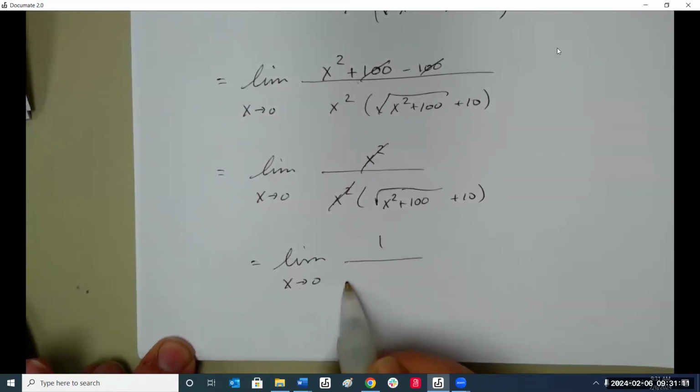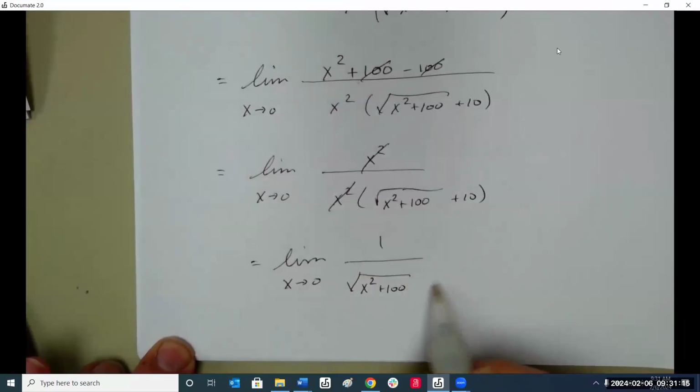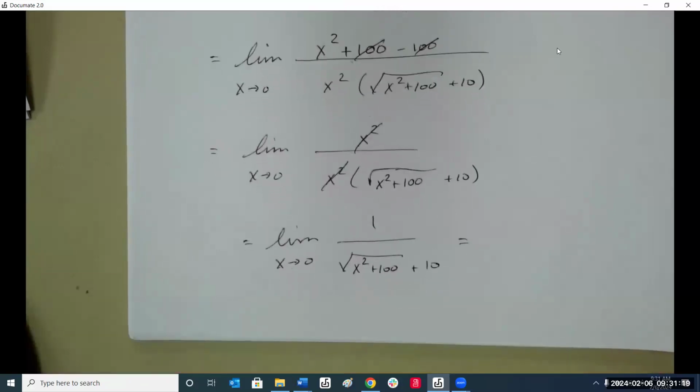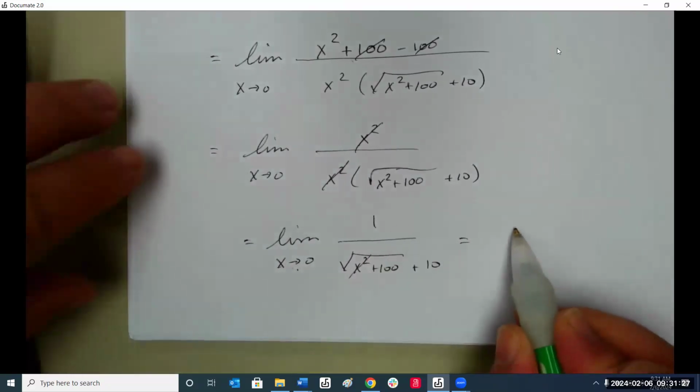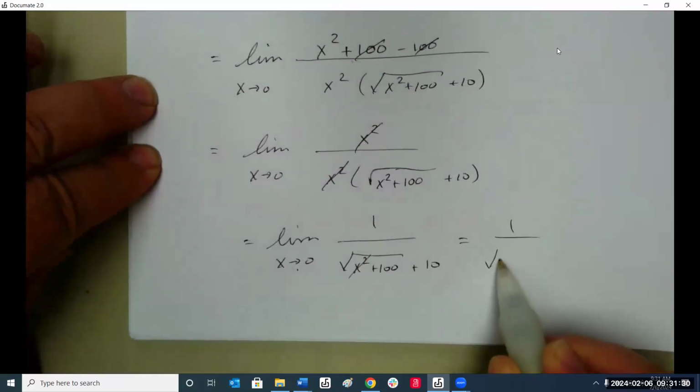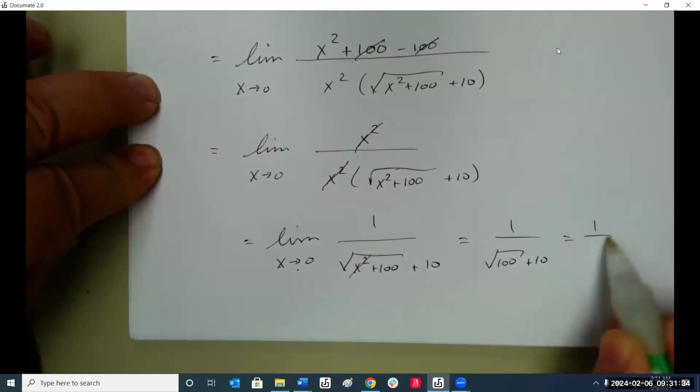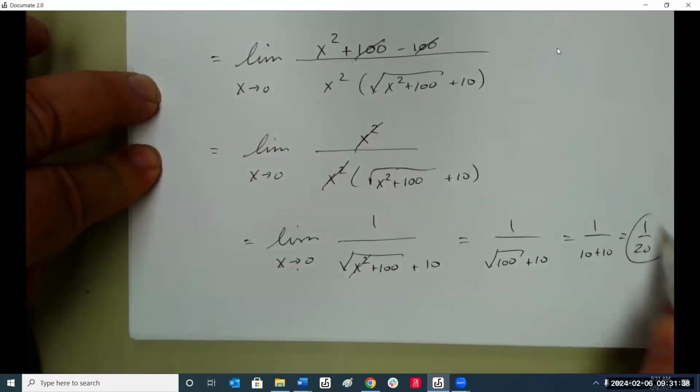We have 1 over the square root of x squared plus 100 plus 10. We finished all the algebraic stuff, so plug in 0. Anywhere I see an x, put a 0. So we have 1 over square root of 100 plus 10. 10 plus 10. The answer is 1 over 20.